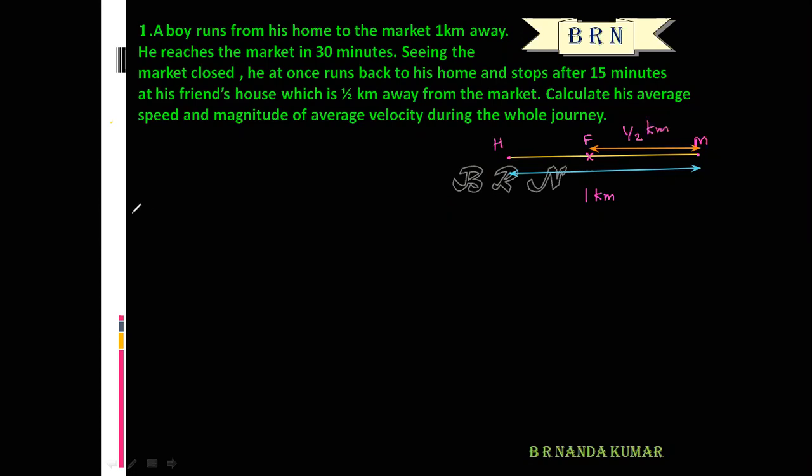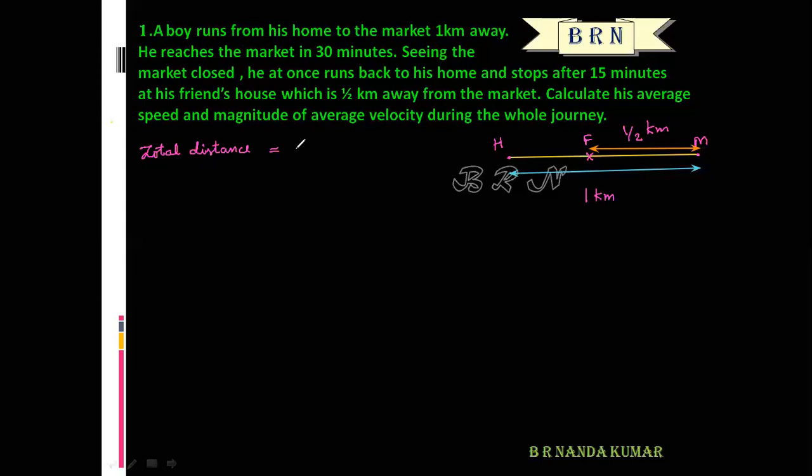So first, let us calculate the average speed. What is the meaning of average speed? The average speed is total distance divided by total time. The total distance traveled by the boy is home to market and market to friend's house.